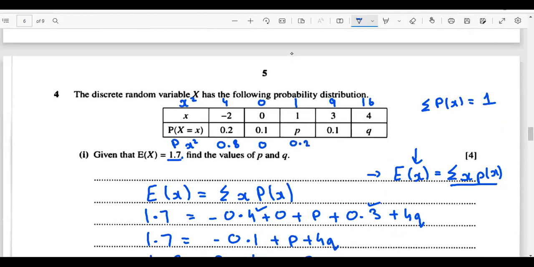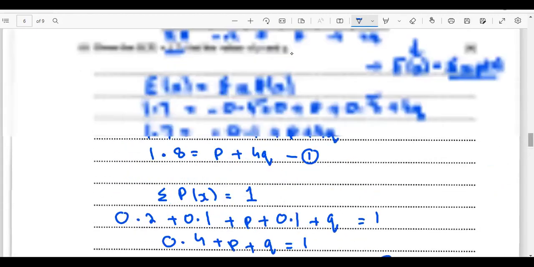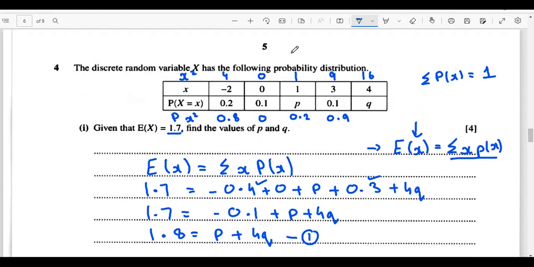Then 9 into 0.1 would be 0.9. And then 16 into 0.4 would be 6.4. Very good.